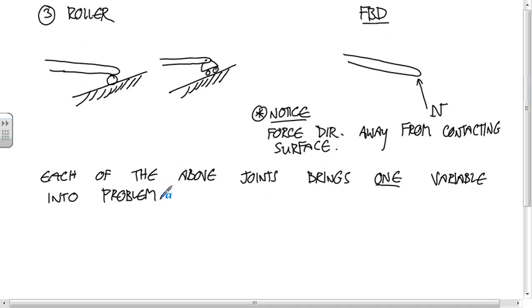So now we're going on to the types of joints that bring two variables into the problem. Those are the ones that introduce an unknown force vector. Like we don't know the magnitude and we don't know the direction.